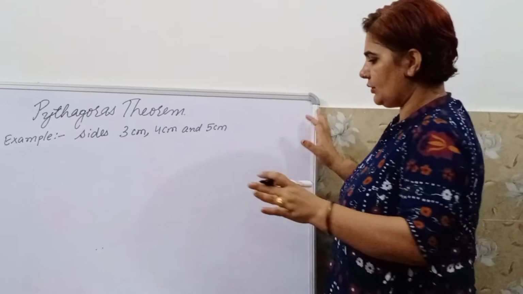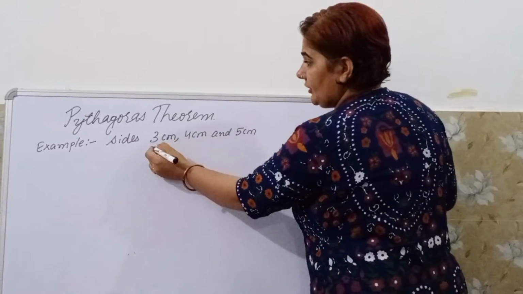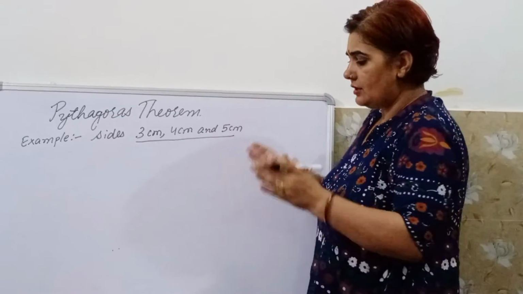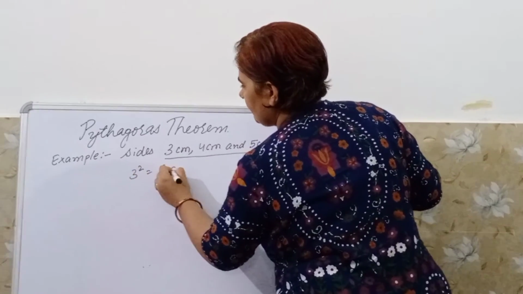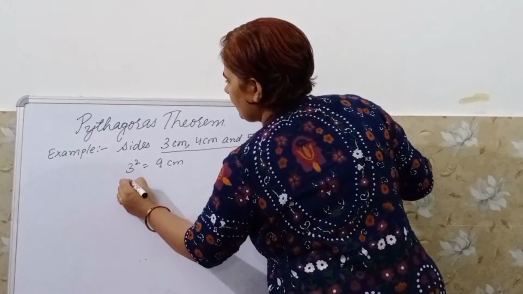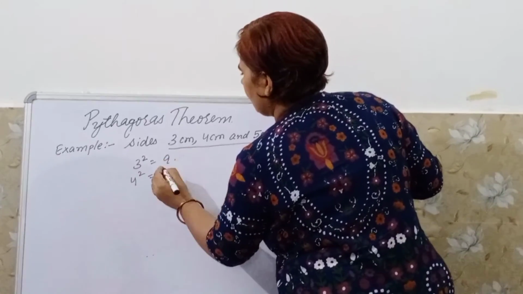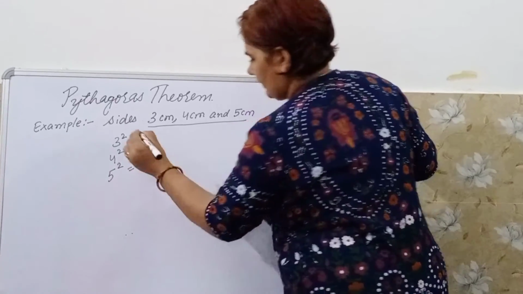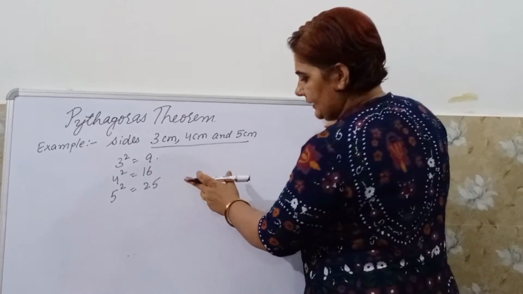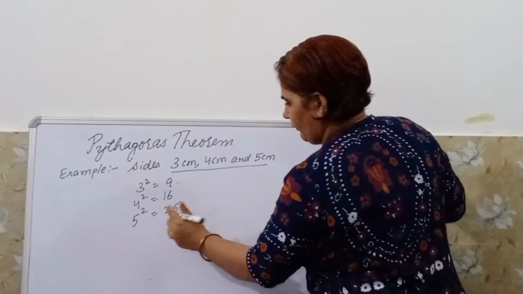I hope it is clear to you. So we have to find out whether the triangle is right angle or not. So what we will do, 3 square is 9, 4 square is 16 and 5 square is 25. So students, we have these values with us. So we will find out.